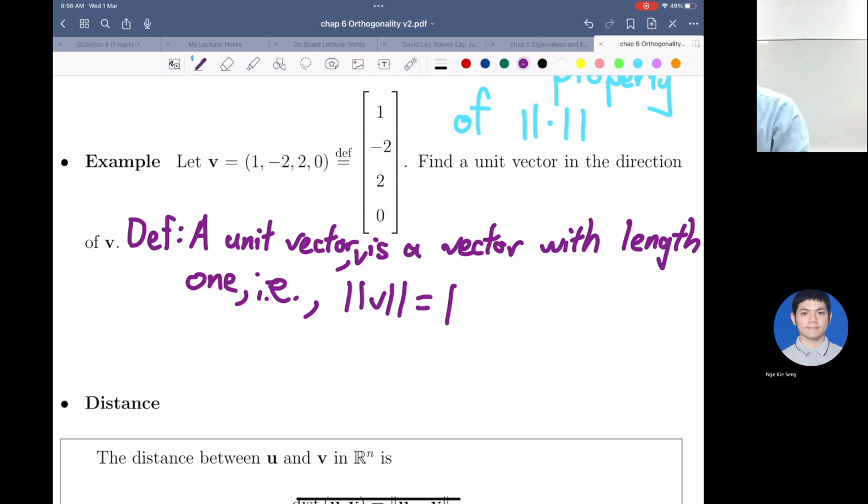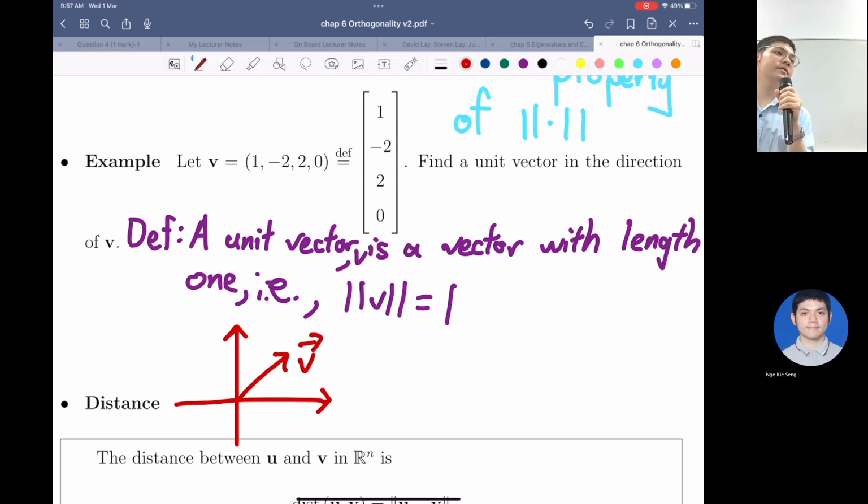So it says to find a unit vector in the direction of v. What does this mean? Let's draw some picture here. Maybe this doesn't represent R4, but just a schematic description. Let's say this is v. How do you find a vector in the direction of v with length 1?